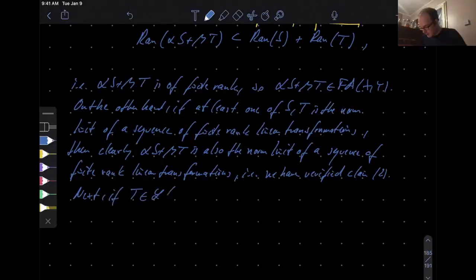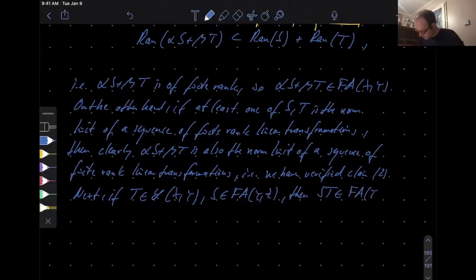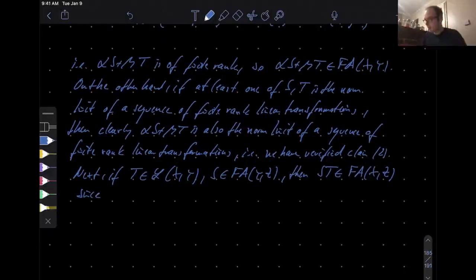Next, if t is bounded and s is finite approximable from y to z, then I claim the composition is finite approximable from x to z, since the following subspace inclusion holds true.